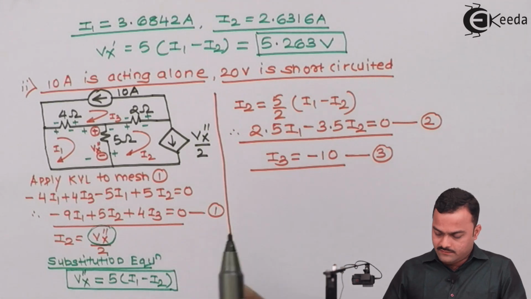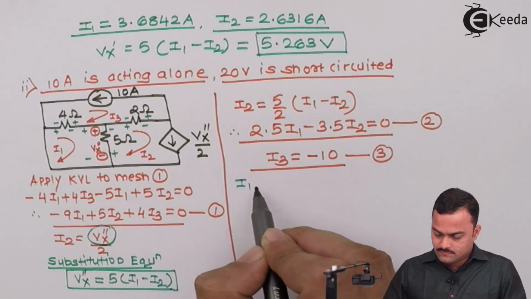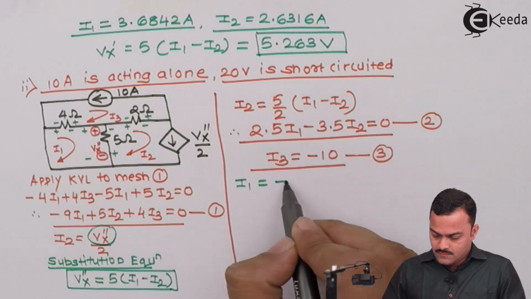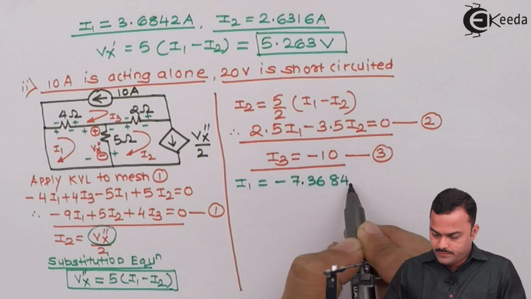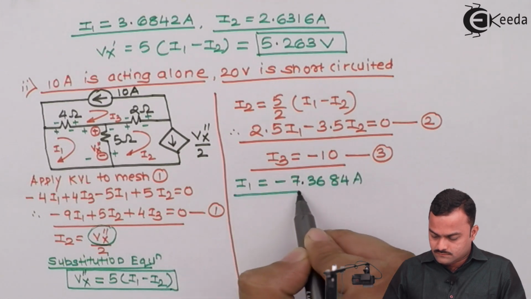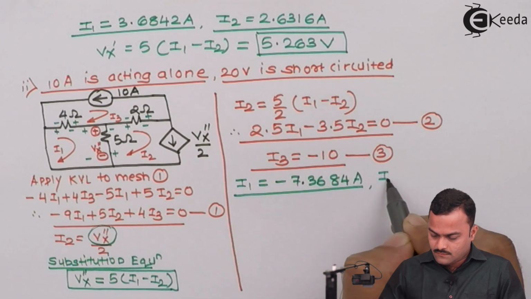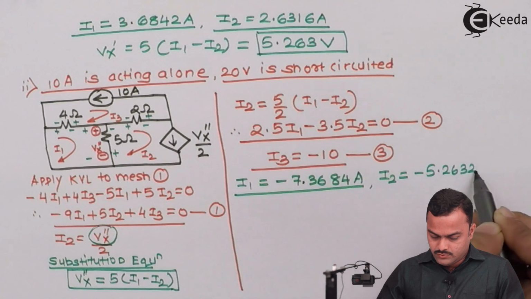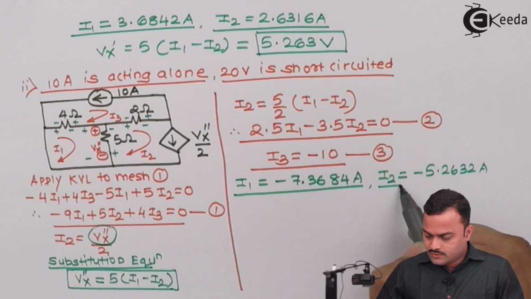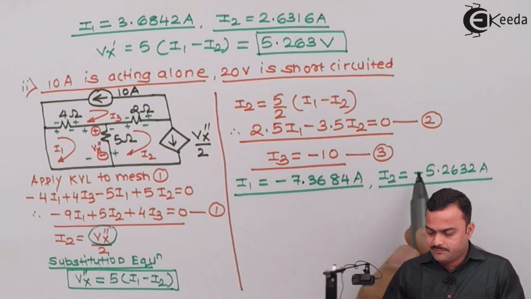So we will get I1 as minus 7.3684 ampere, I2 as minus 5.2632 ampere, and no need to write for I3, obviously it is minus 10 ampere.